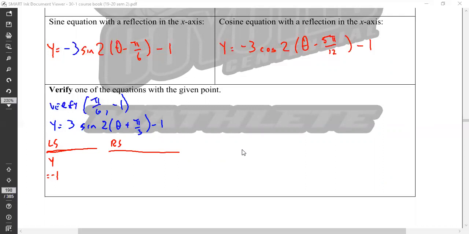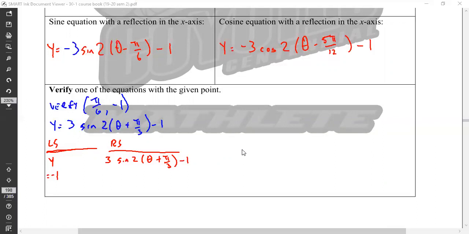The right side of this equation is a little more complicated. The right side is 3 sine 2 theta plus pi thirds minus 1.